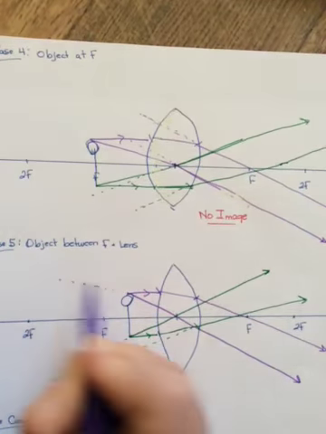So this time the image is over here. Image is right side up, so it's virtual. It's erect. It is definitely larger. And it is the same side as object. Okay? And if you look at these, they parallel exactly to the ones with mirrors.